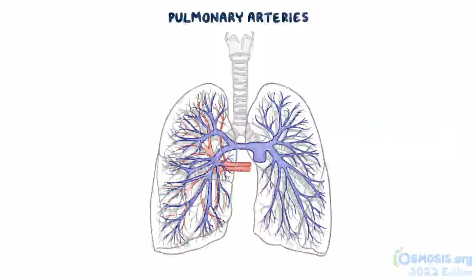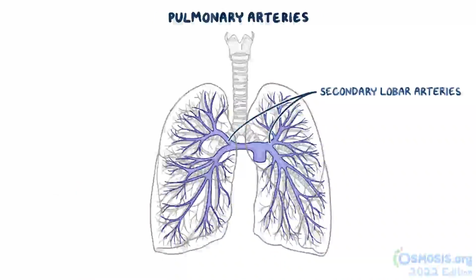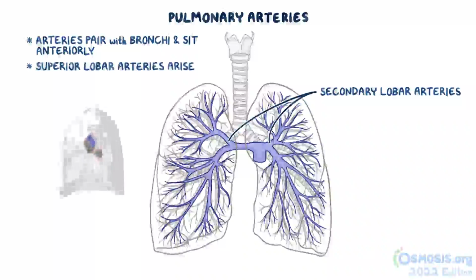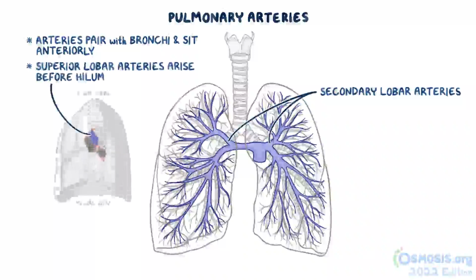Each pulmonary artery becomes part of the root and then divides into secondary lobar arteries. At this point, let's keep in mind that the arteries pair together with the bronchi and usually sit anterior to them. The right and left superior lobar arteries to the superior lobes arise first, even before entering the hilum.